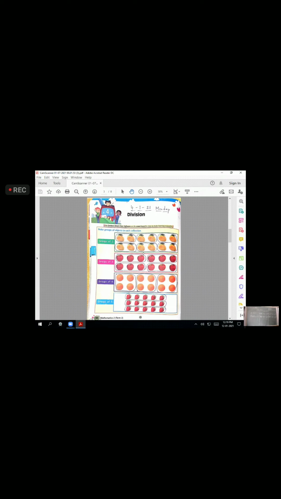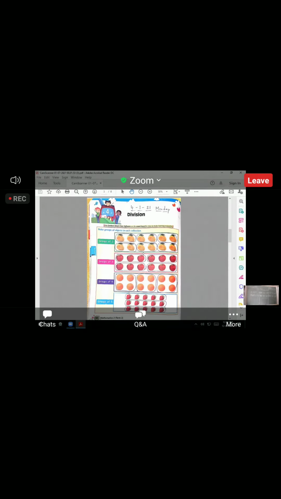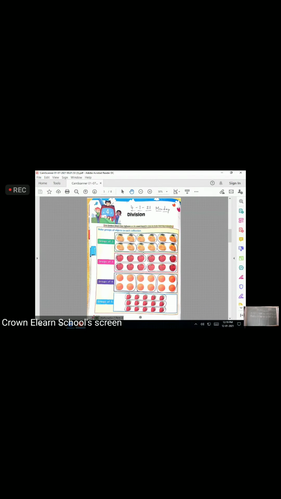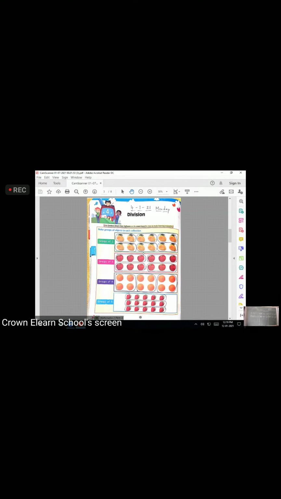Now, next Monday, I taught this page from the textbook. I started teaching the division chapter from 4th John, which falls on Monday. Monday I taught this page in the textbook. Take the screenshot.